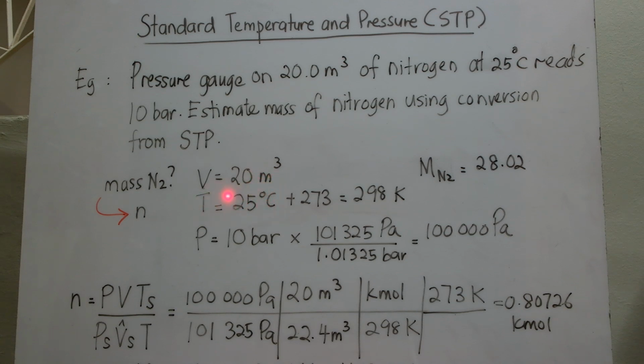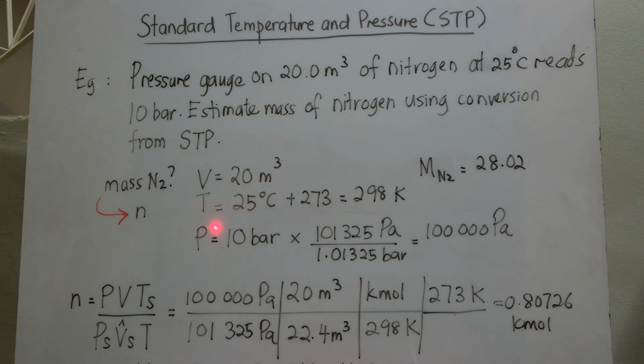Any information given in a unit different from the STP table, we need to convert it. For example, we do not have to convert volume because we are using SCM, so volume is in cubic meters.